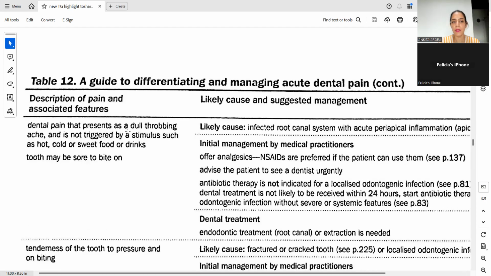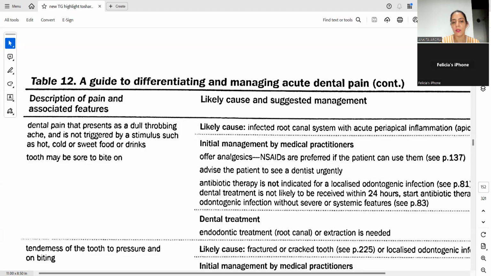Next, dental pain that presents as a dull throbbing ache and is not triggered by a stimulus such as hot, cold, or sweet food or drinks. Tooth may be sore to bite on. So it is not triggered by a stimulus, but it is a continuous, dull, throbbing kind of pain, and the tooth may be sore to bite on.